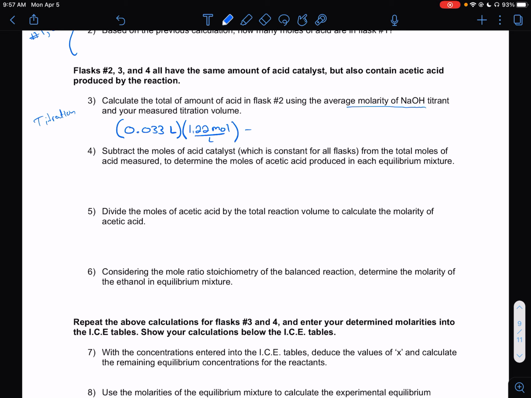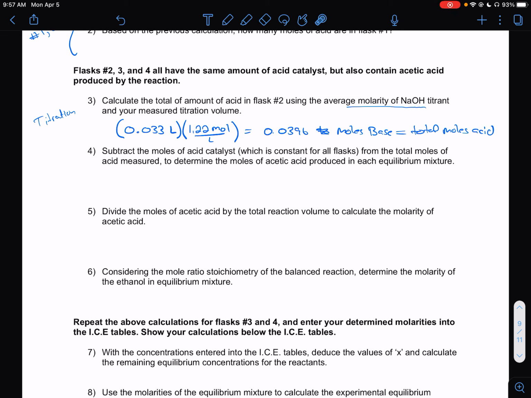And when I did this, I got 0.0396 total moles of base, which equals total moles acid at the endpoint.